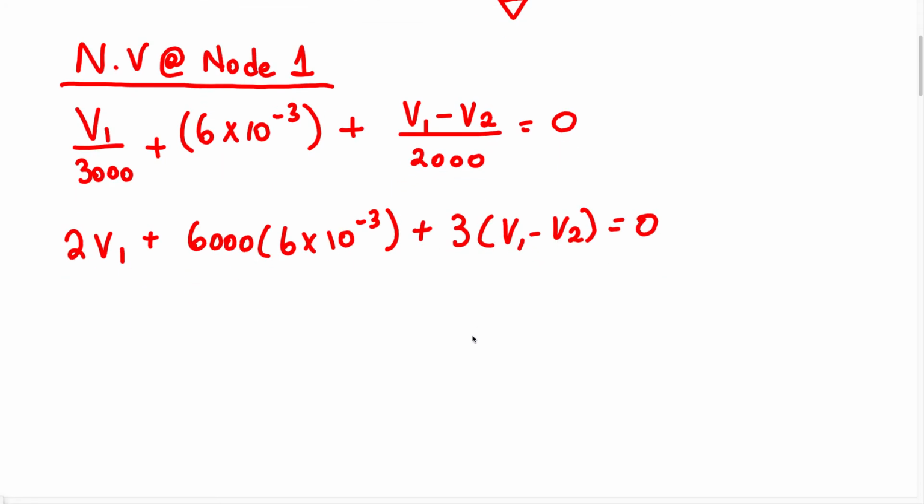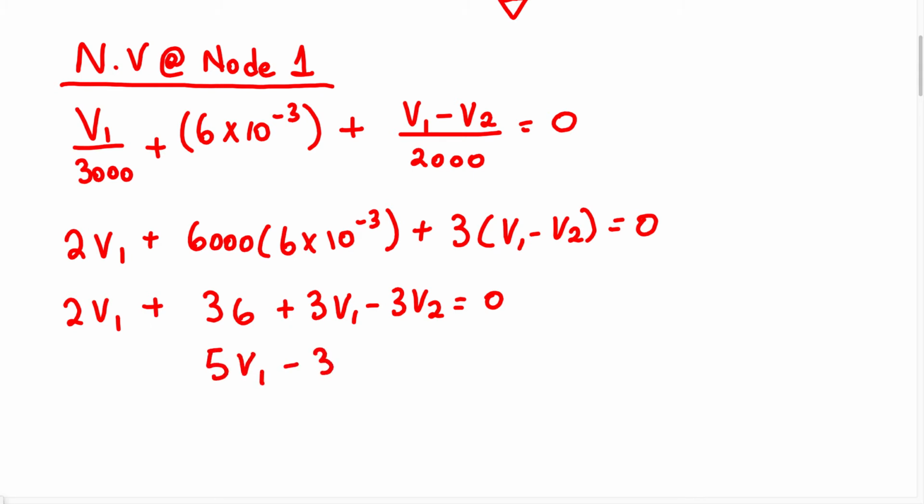All right, let's continue. So I'm left with 2V1 plus 6,000 times 6 times 10 to the negative 3, which gives us 36, plus 3V1 minus 3V2 equals 0. When we simplify this now, we get 5V1 minus 3V2 equals negative 36.